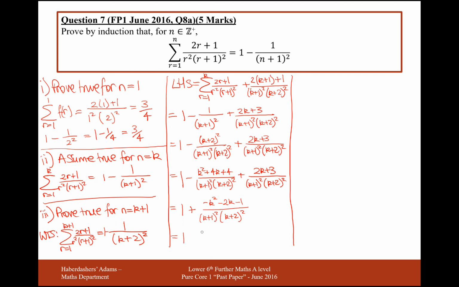So now this is going to be 1 plus, if I factorise out the negative, (k plus 1) squared. You can see that if you get rid of all the negatives, then it would just be k squared plus 2k plus 1, and I can simplify that to (k plus 1) all squared, which will leave me with some cancelling to do.